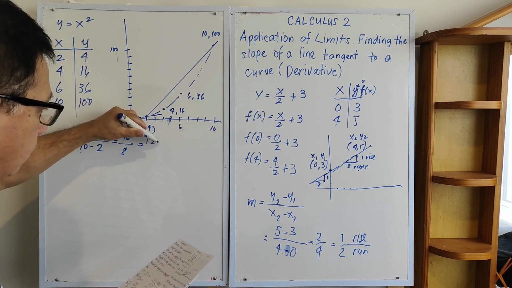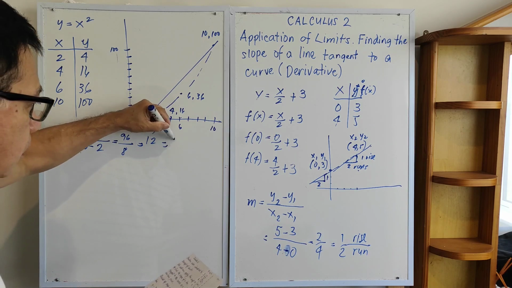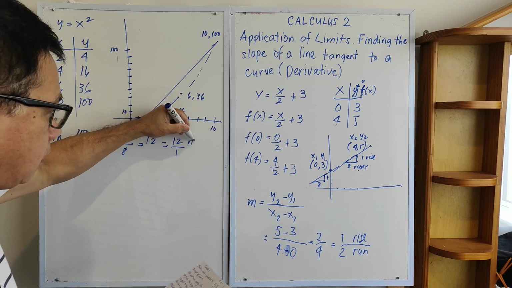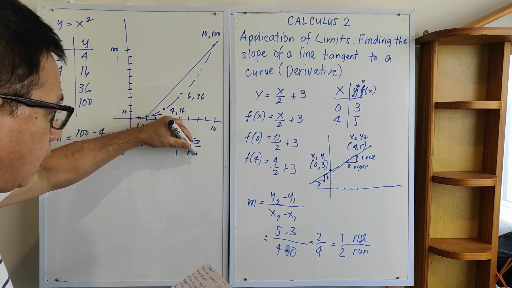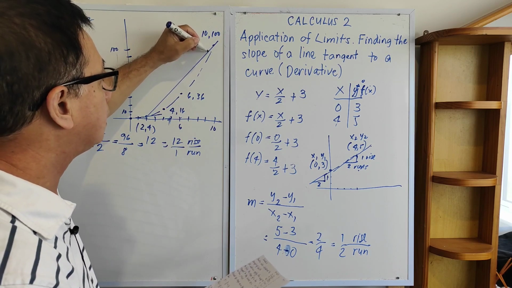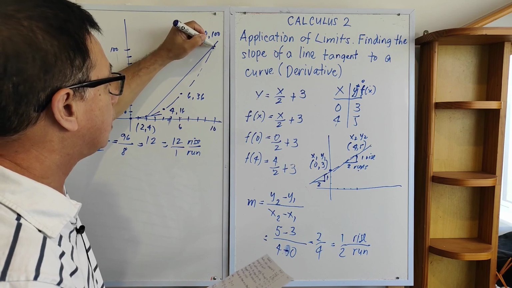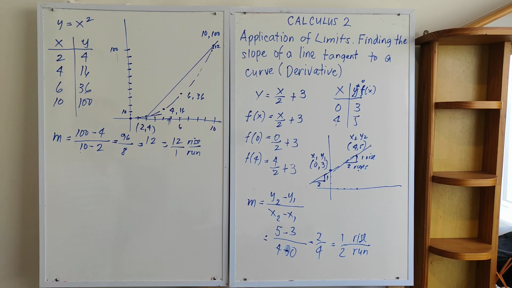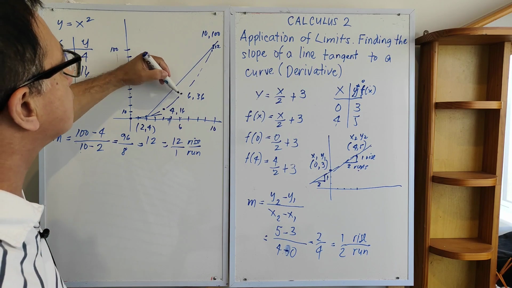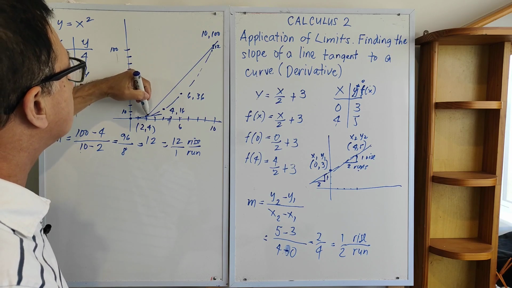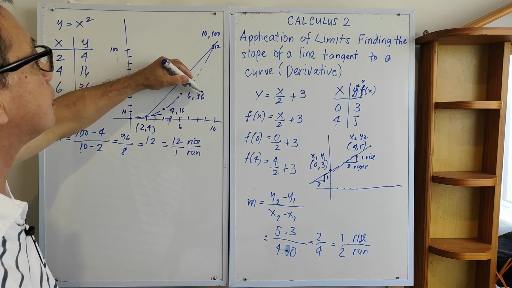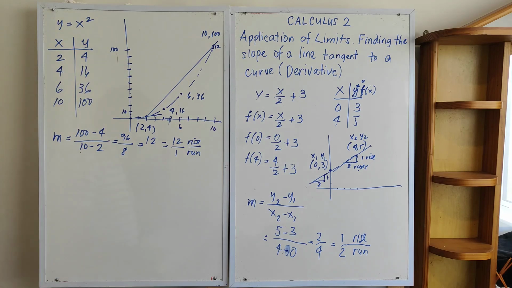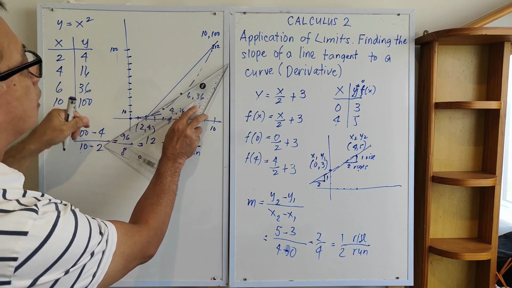So your slope is 12, or 12 over 1. So this is your rise, this is your run. Approximately this slope has a 12 rise for 1 run, so that's 12:1. Let's say we want to get the slope of this one, from 6, 36 to 2, 4. So it will be this one.